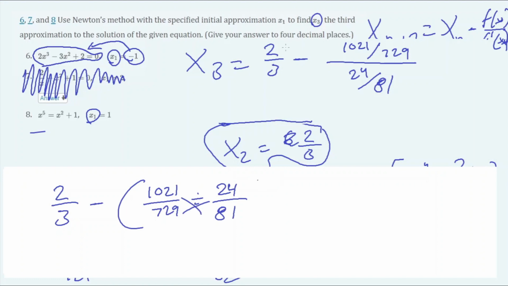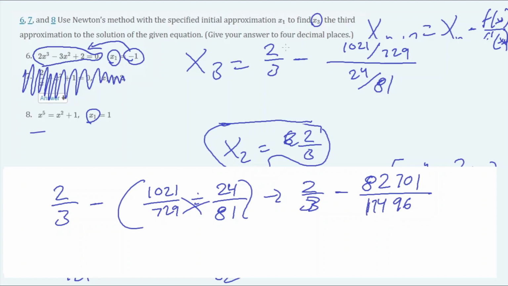And now we can just cross multiply. So we're going to be left with 2 over 3 minus 1021 times 81, which is going to be 82,701 over 729 times 24, which is going to be 17,496, right?